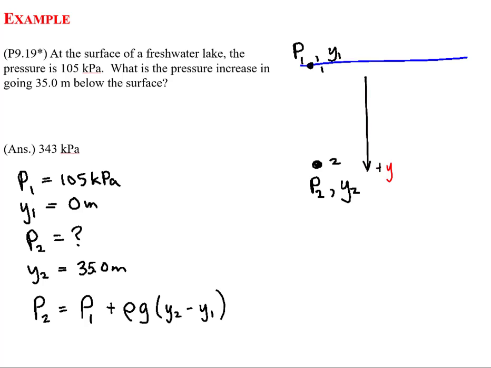So our goal is to find the pressure increase. So that's the pressure change 35 meters below the surface. So the pressure change, pressure at point 2 minus pressure at point 1, is equal to the density, in this case being a lake, the density of fresh water, times the free fall acceleration of gravity times y2, because I'm recognizing that our depth at point 1 is at 0 meters.